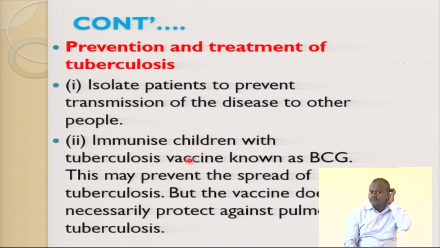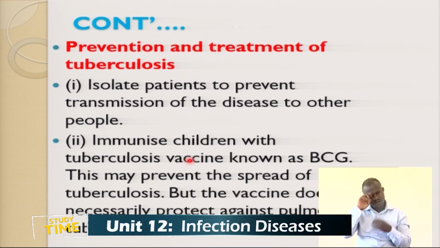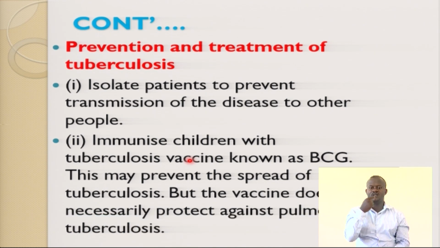How can you prevent or how can you treat tuberculosis? Think about the treatment and even the prevention of tuberculosis. One is to isolate the patient to prevent the transmission of the disease to other people.